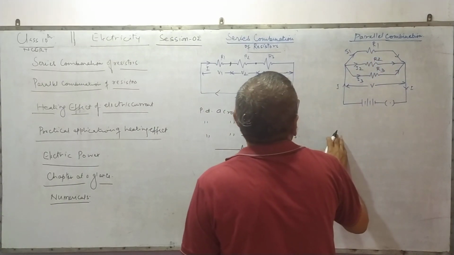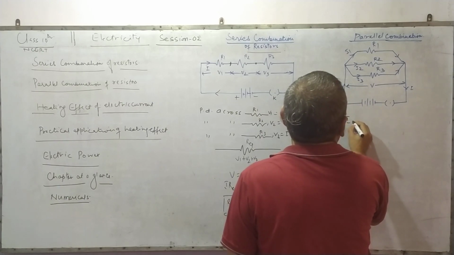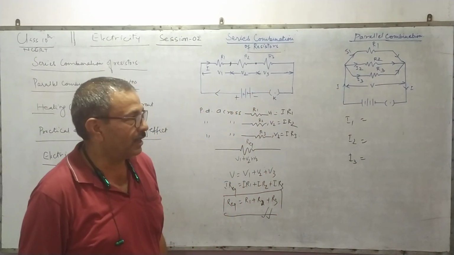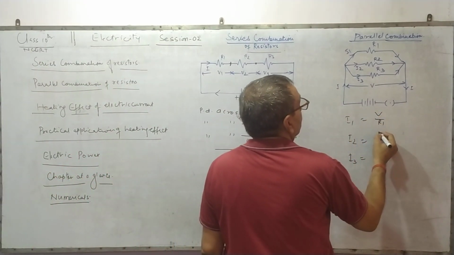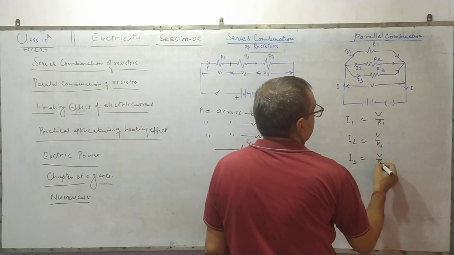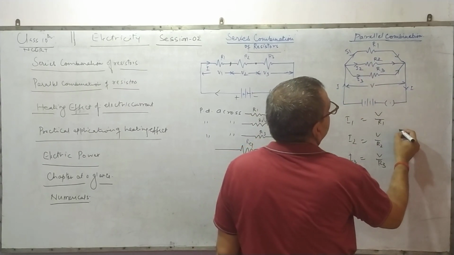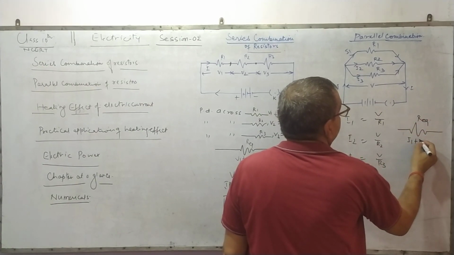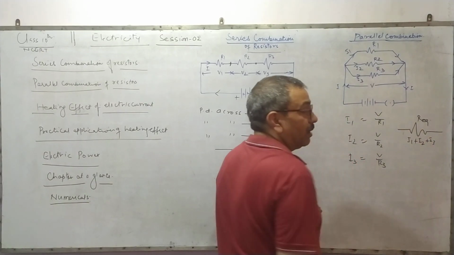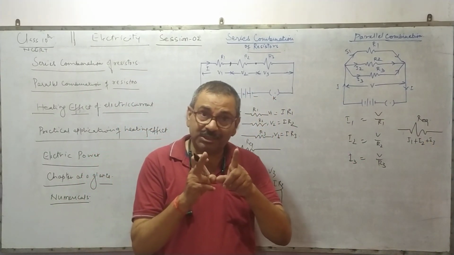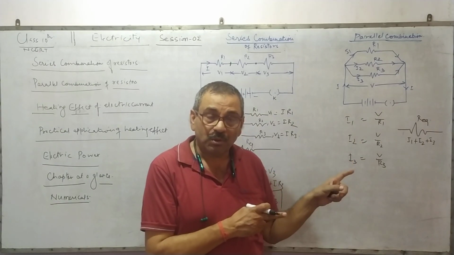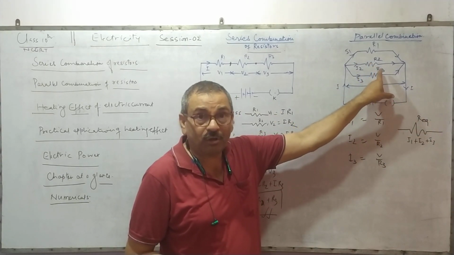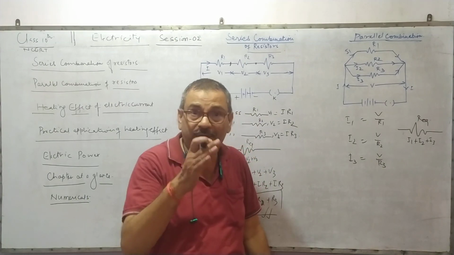Parallel combination: by Ohm's law, currents I1, I2, I3. First we compute I1 equals V upon R1, I2 equals V upon R2, I3 equals V upon R3. Then if the combination is replaced by a single resistance, this is known as equivalent resistance that draws the same current as the combination does. Mark here, current is different in this case. The combination of resistors is drawing how much?